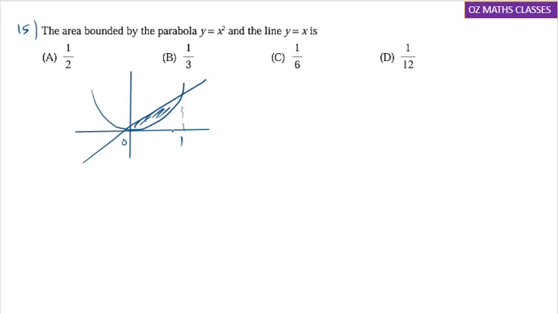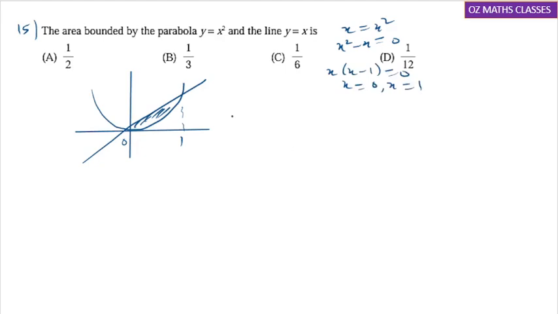For the point of intersection, replace y by x here, so x square minus x equal to 0, so x times x minus 1 equal to 0, so x equal to 0 or x equal to 1.